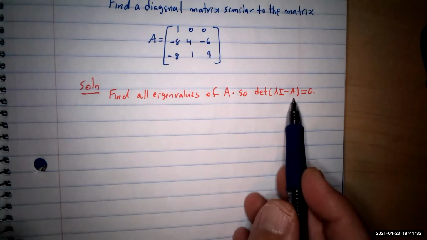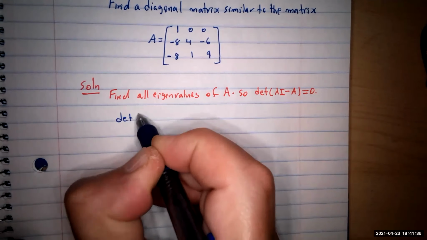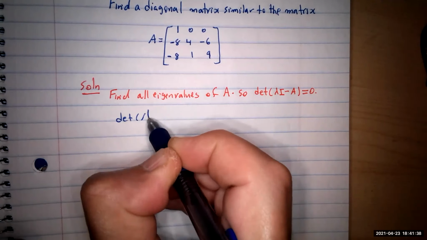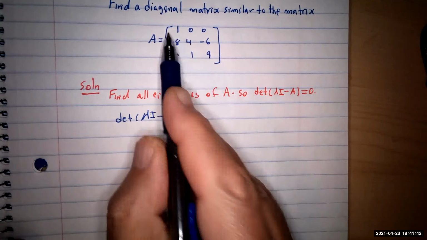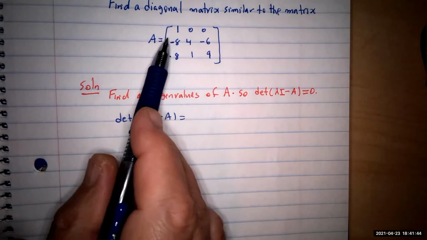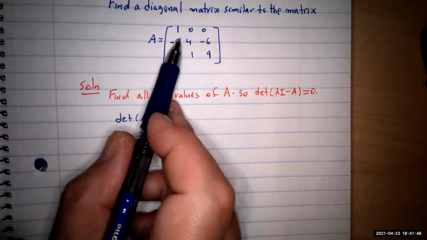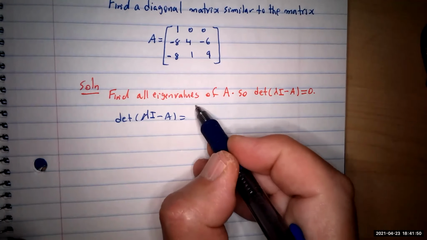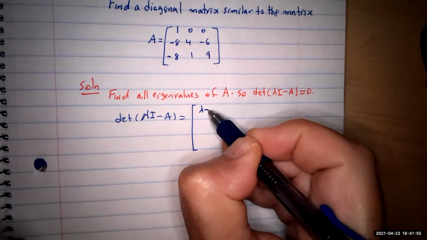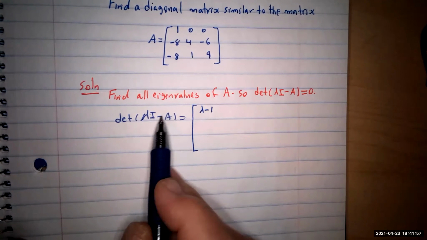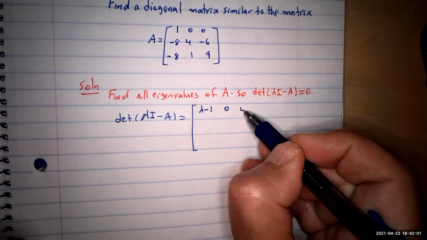We're going to form this one. We already talked the other day about how we're going to do it. This is going to be the determinant of lambda I minus A. On the main diagonal, you change the signs and the lambdas will be on the main diagonal. So it's going to be lambda minus 1. Everything else, you change the signs. These are 0, so there is no change for the signs.